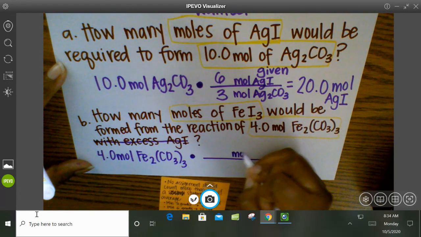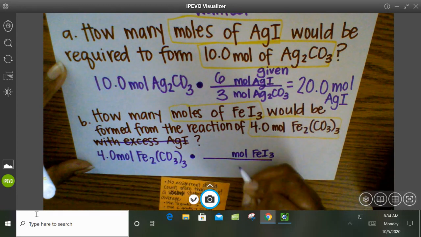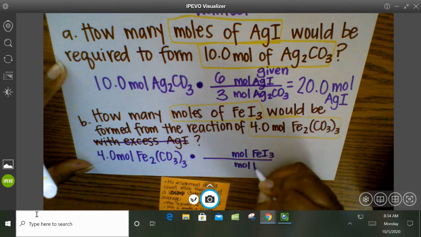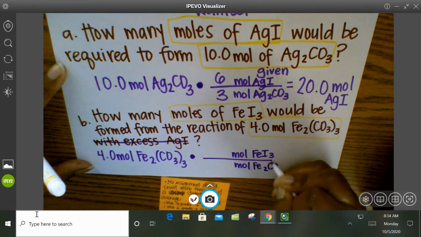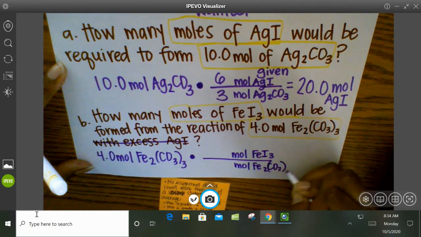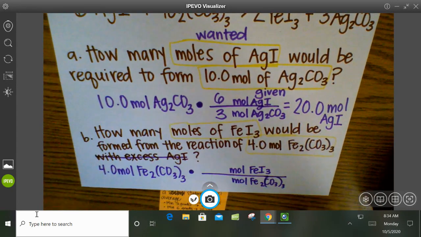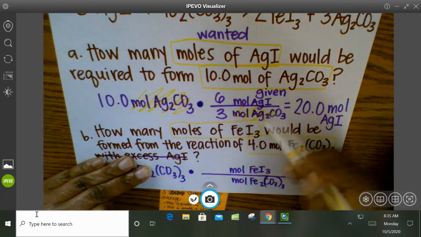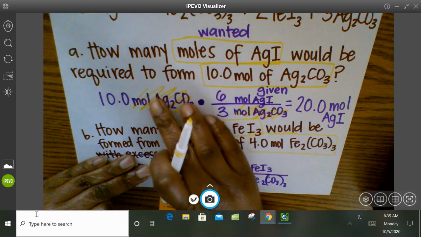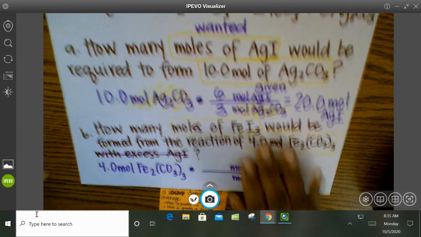So that's my given, that's my wanted. My wanted goes on top. My given goes on the bottom. One thing I didn't do in the problem above is cross out the units that I do not want anymore. If you have your mole ratio problem set up correctly, they will cross out.